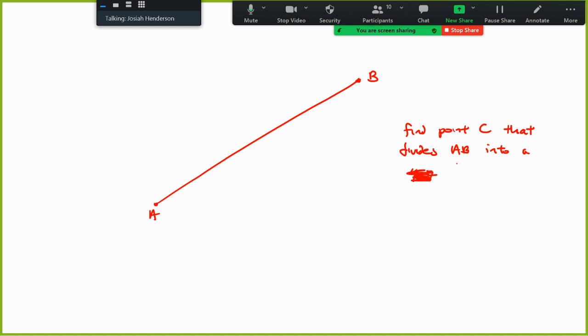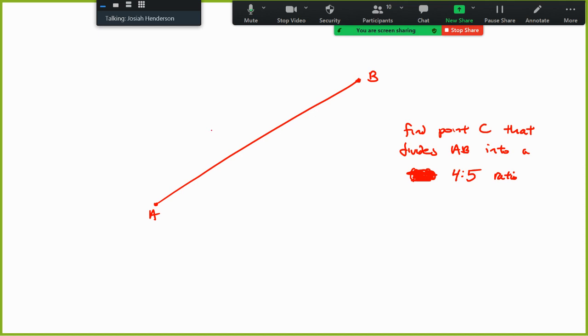I'm just trying to make an example. Let's say a 4-5 ratio. Find point C that divides AB into a 4-5 ratio. What is that asking us? What does that practically mean for us?